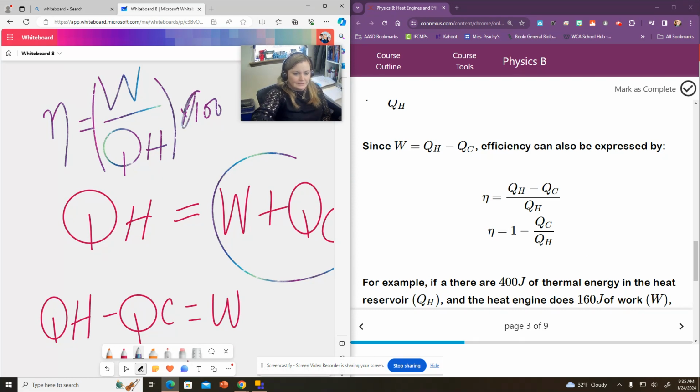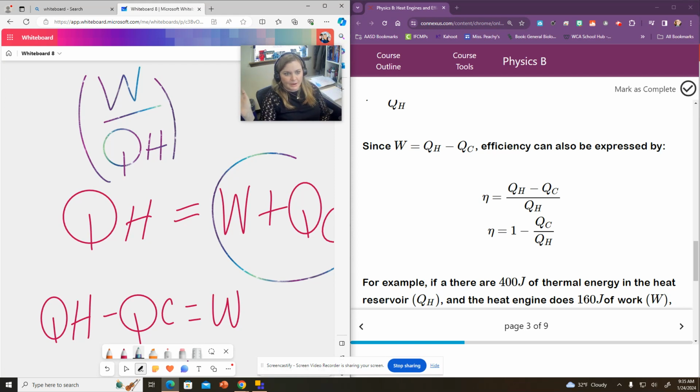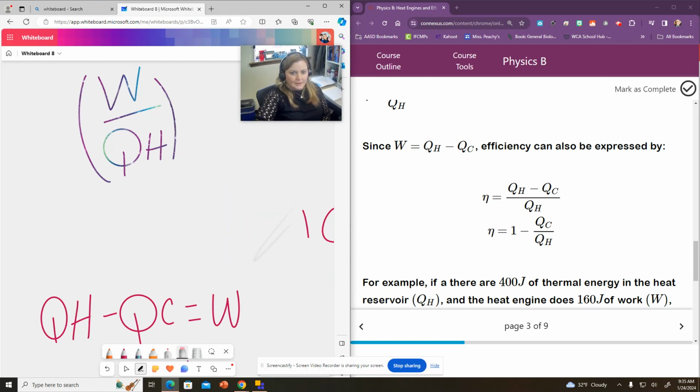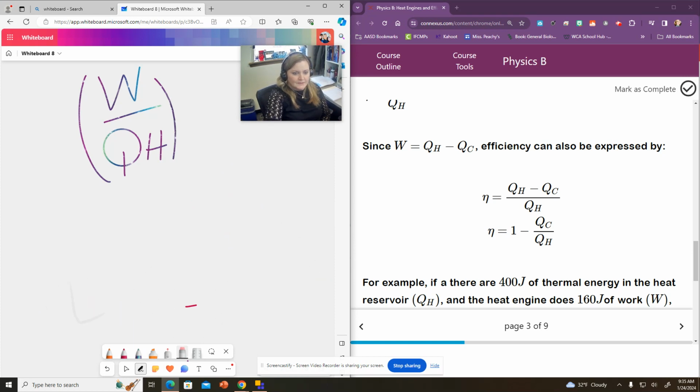Or they've done it a little differently. Hang on a second, I'm going to take back what I just said, because they're elaborating on this. Let's get this in terms without W. What I said is still true, but let's say I don't know how much work is done, but I just know Q sub H and Q sub C. I can also rewrite this.